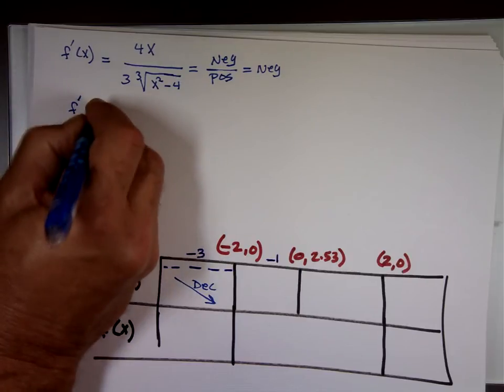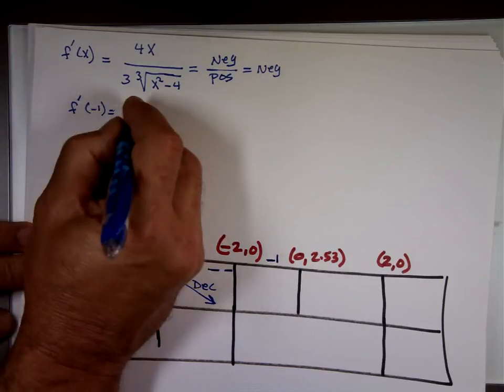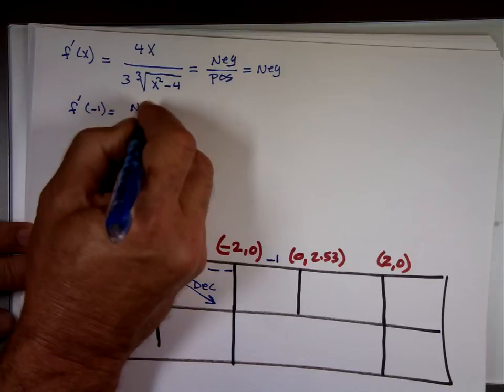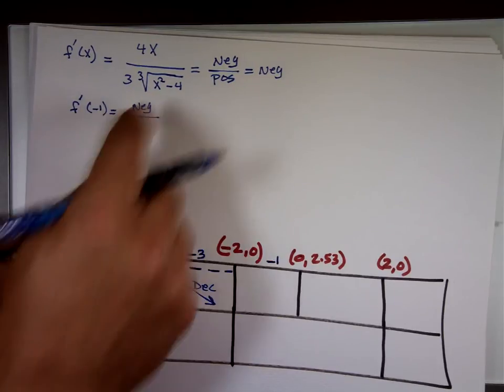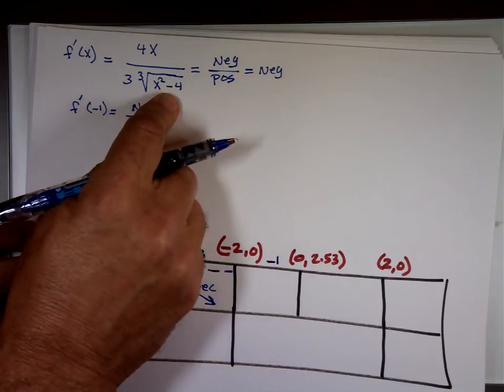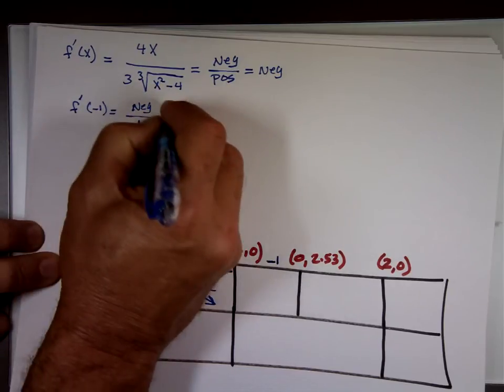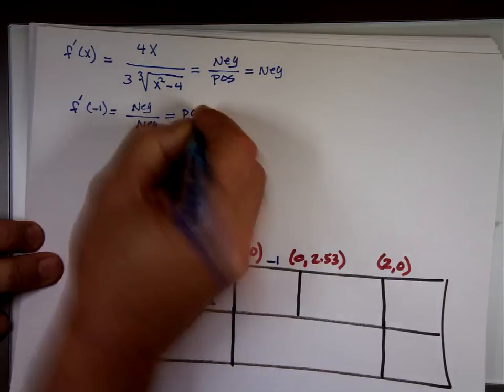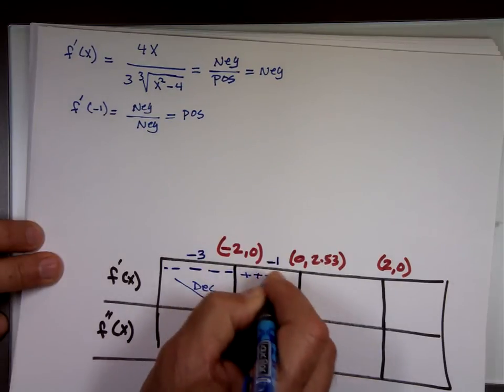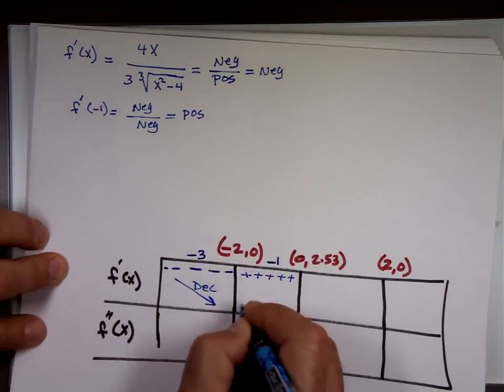Four times a -1, that's a negative on the top. But the bottom is going to be a -3. The cube root of a negative number is negative. What's a negative over a negative? That's a positive. So in this section, that's a positive. That's what? Increasing.